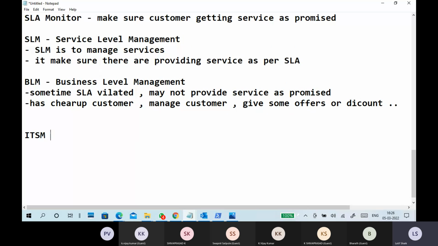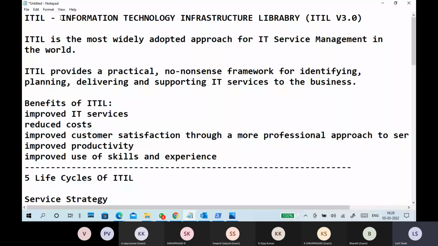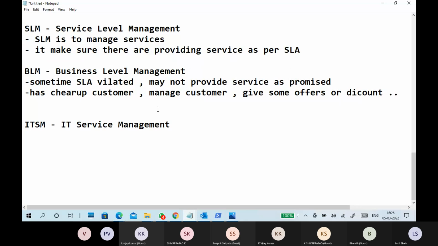Another one is ITSM, IT Service Management. There is a question: what is ITIL? What is ITSM? ITIL is the whole part, meaning information technology infrastructure library. It is talking about the total ITIL.